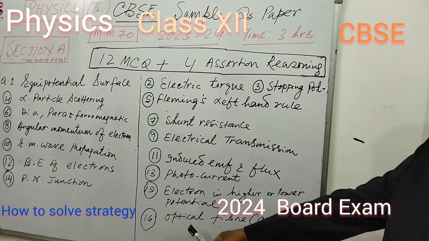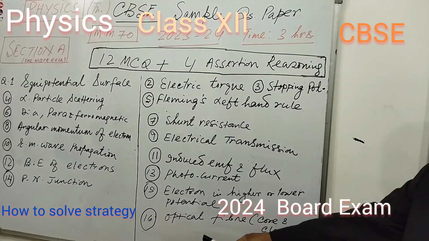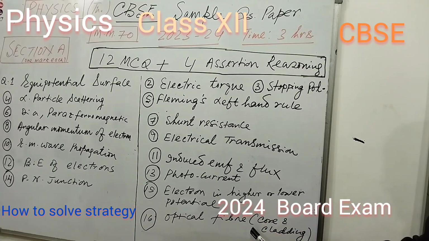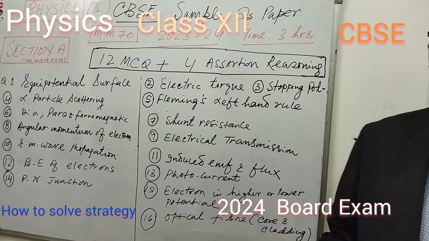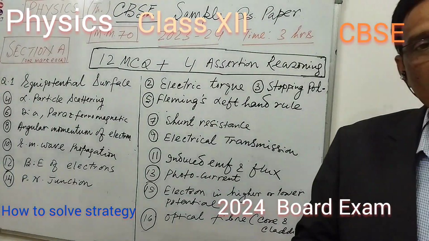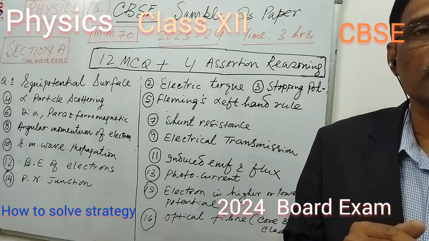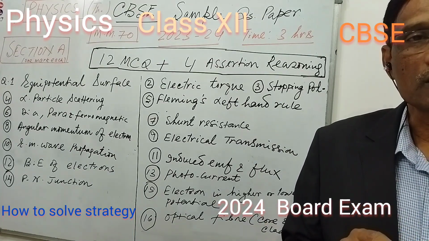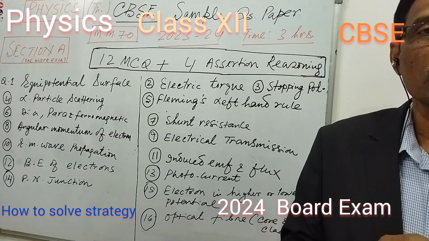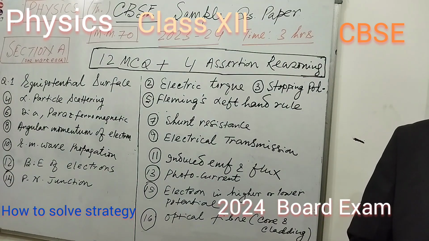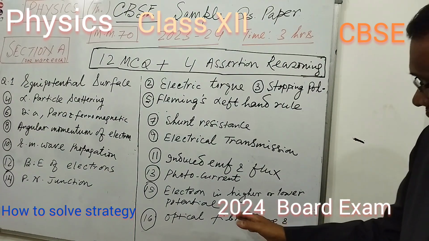Okay. Question 16 is on optical fibers, core and cladding. Remember, when you studied optical fibers, the basic of that is the TIR, total internal reflection. Am I right? So you will be getting it.